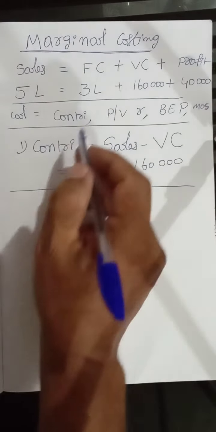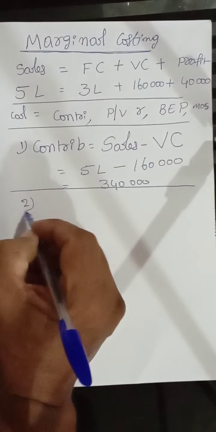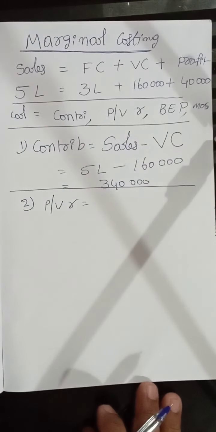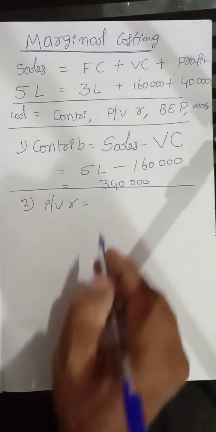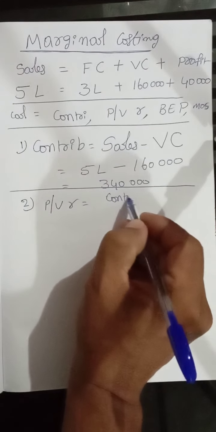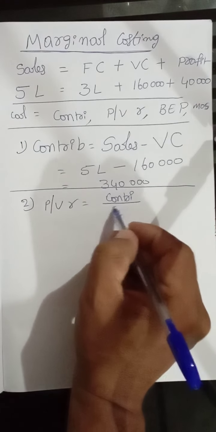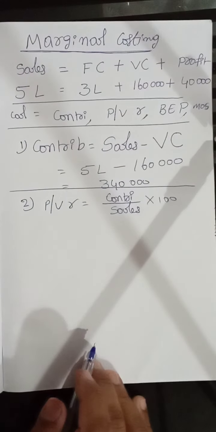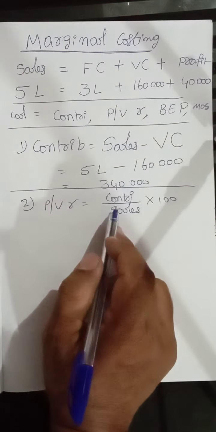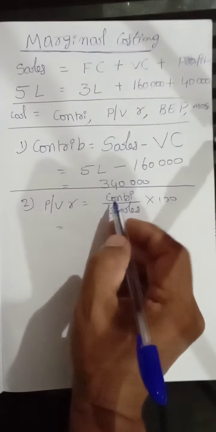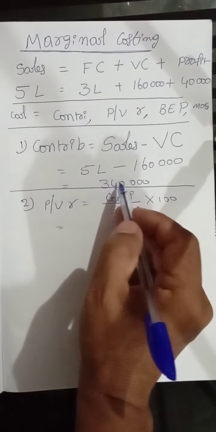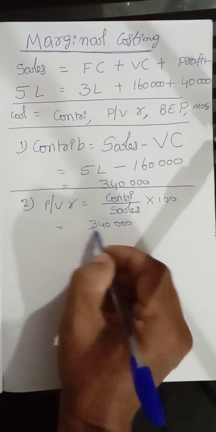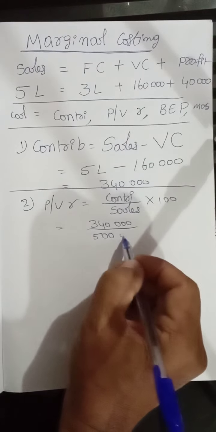Next, second formula, P by V ratio, the profit volume ratio. The formula is contribution divided by sales into 100. Substituting in this formula, the contribution we just calculated came to 3,40,000. 3,40,000 divided by sales, which is 5 lakhs, into 100.